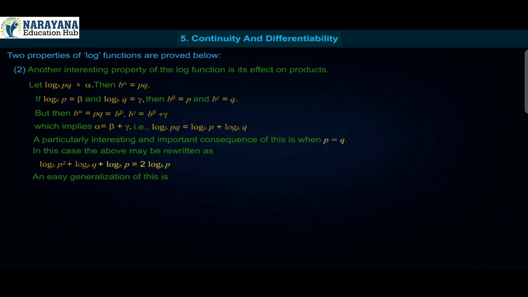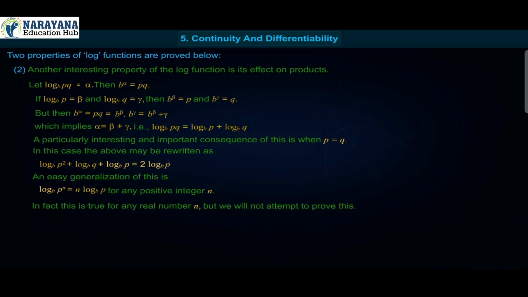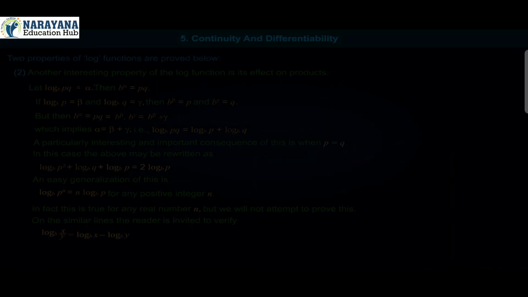An easy generalization of this is log of p raised to n to base b is equal to n into log of p to base b for any positive integer n. In fact, this is true for any real number n, but we will not attempt to prove this. On similar lines, the reader is invited to verify log of x upon y to base b is equal to log of x to base b minus log of y to base b.